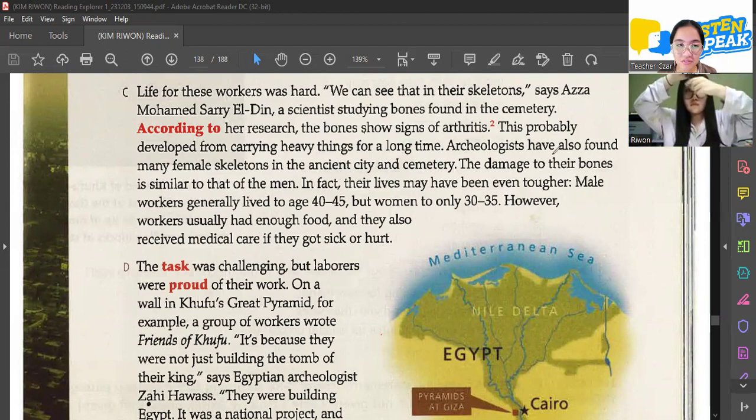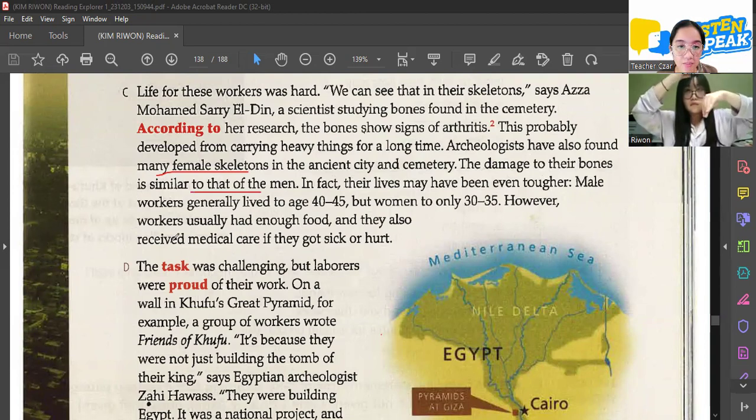Archaeologists have found that many female skeletons in the ancient city and cemetery had this kind of joint inflammation. So the damage to their bones is similar to the men's.